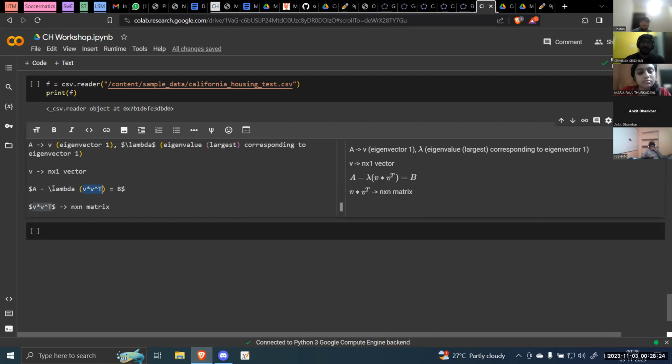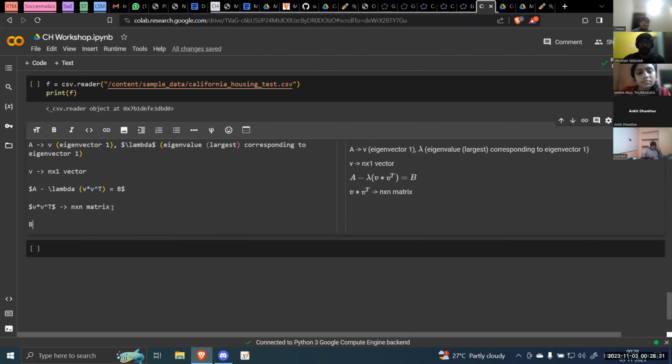And we're subtracting lambda times that matrix from A, right? So what will B times V be equal to? 0. Yeah, that's what we want to see, which is nothing but saying we're removing that direction altogether. We're removing that eigenvector.